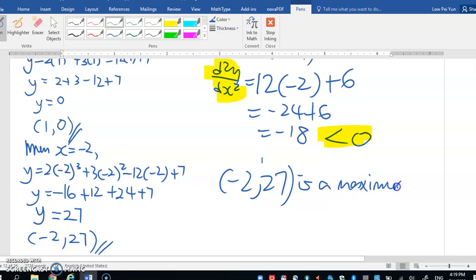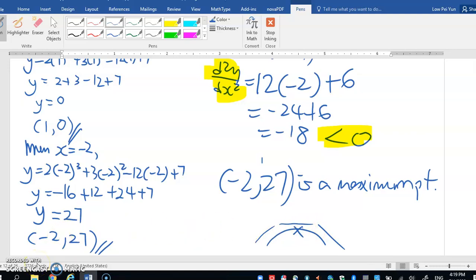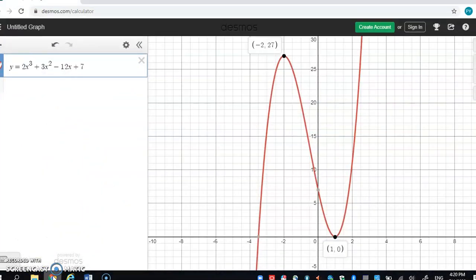Explaining this again, the gradient is turning negative. Turning negative means it is from positive to 0 to become negative. It is turning negative. So this is a maximum point. Let me use decimals again to show you why our results are such. I have already keyed into decimals this function. We have two stationary points: at x equals negative 2 maximum, x equals 1 minimum.